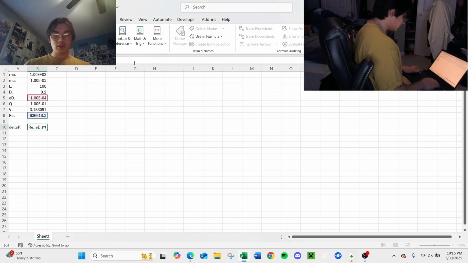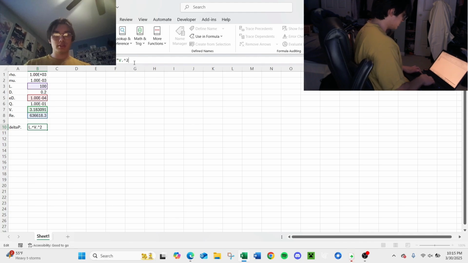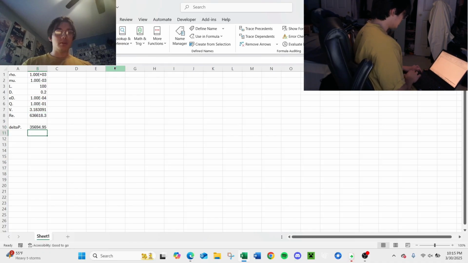Times this by length, times this by v squared, times this by rho, divide this all by 2 times the diameter, and you get this number, which is in pascals.